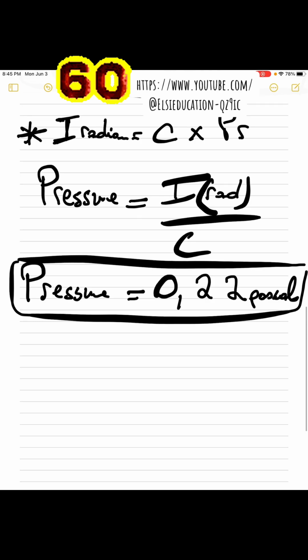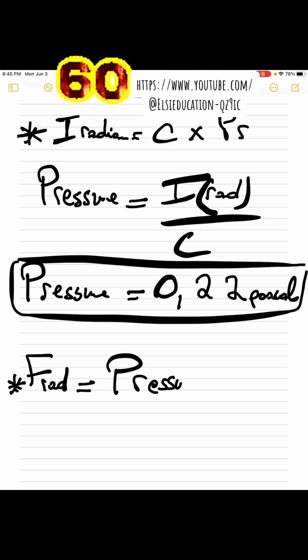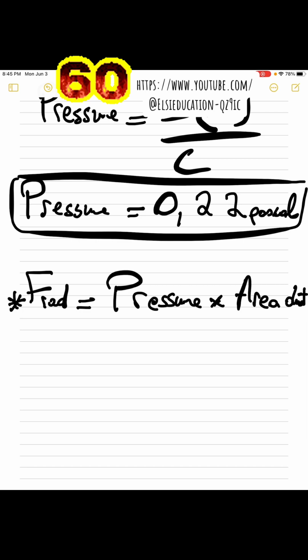And then we can find out what is the force of the irradiation on the dust particle, and that's pressure multiplied by the area of the dust. Now, this is where we're going to use this formula to find the force of gravity from the sun. Let's write it down this way.